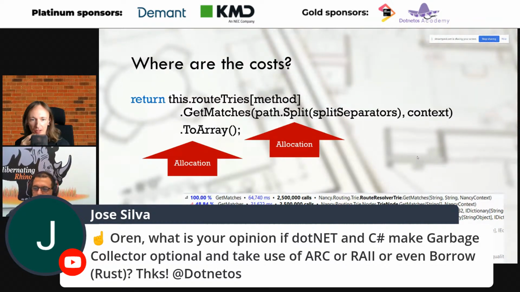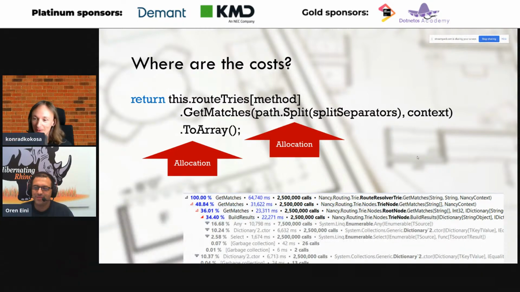Yep. But Jose, if you want to disable GC, I have created a custom GC which does not garbage collect, so you can plug it in and then you will have only allocations, which is probably not the thing that you were thinking about.